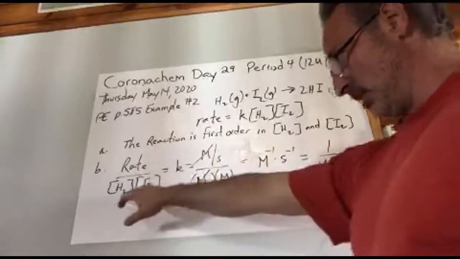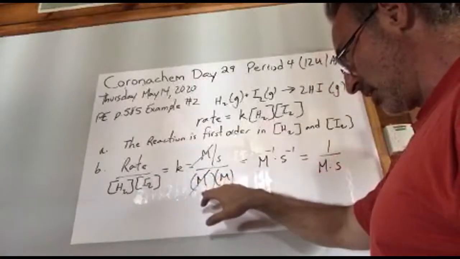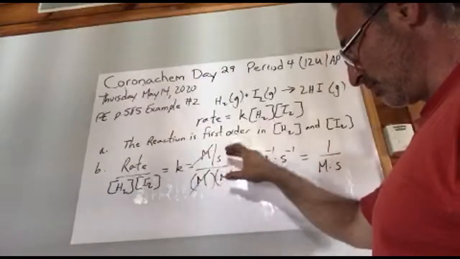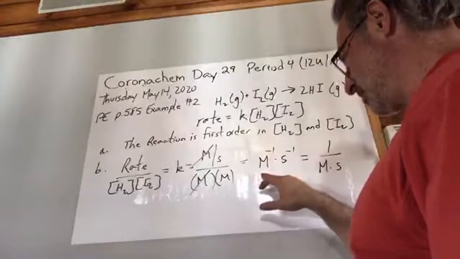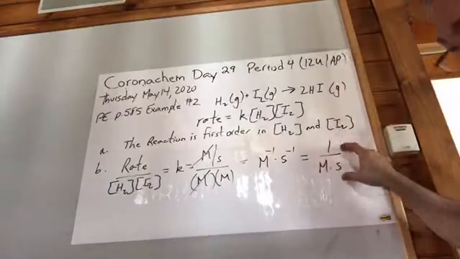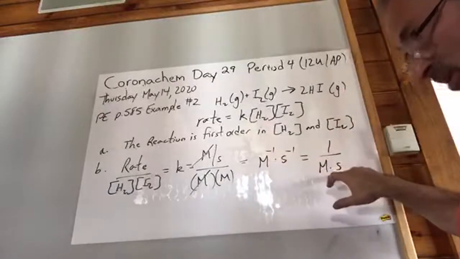The units of the hydrogen concentration and the iodine concentration are molarity. Two of them cancel so that you're left with per second over molarity, which basically is per molarity per second. You can also write it this way if you like. Either one of these two formats is correct. Molarity to the -1 is like putting it in the denominator.